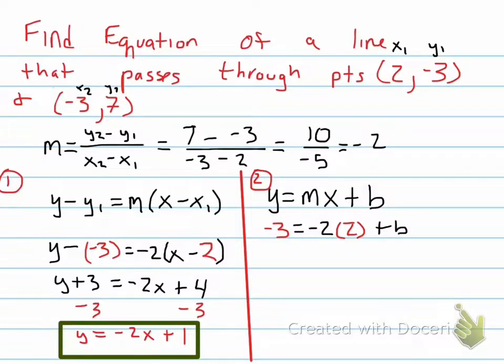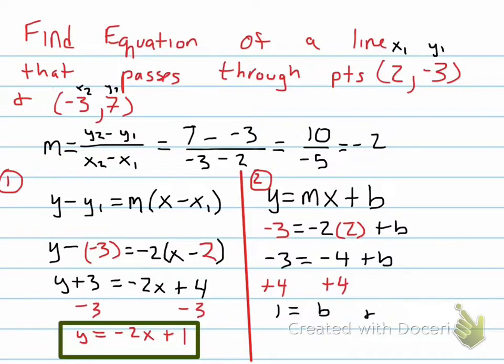So -3 equals -2 times 2, which is -4, plus b. Add 4, add 4, so 1 equals b.